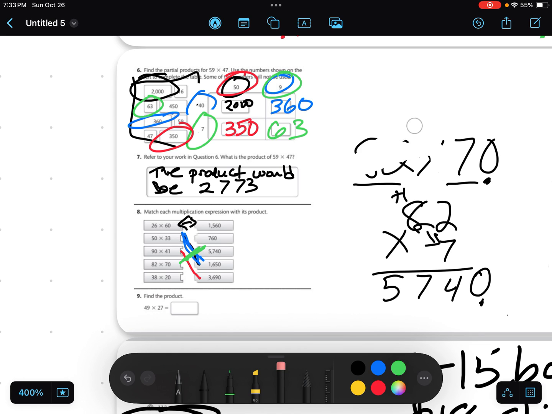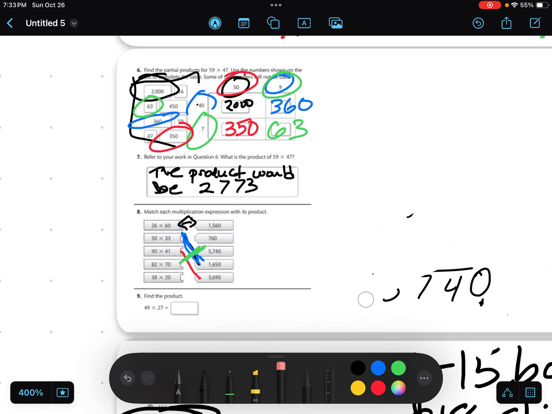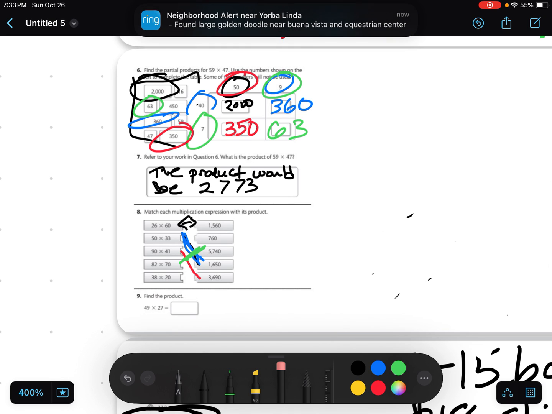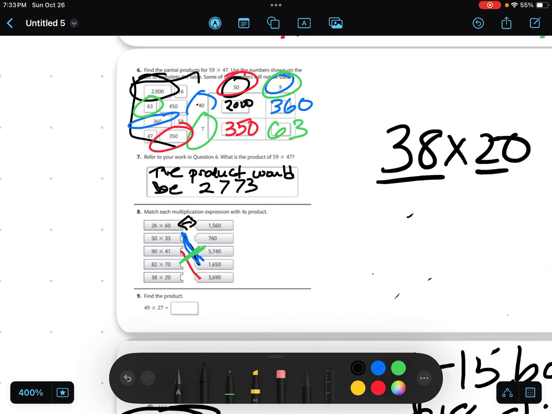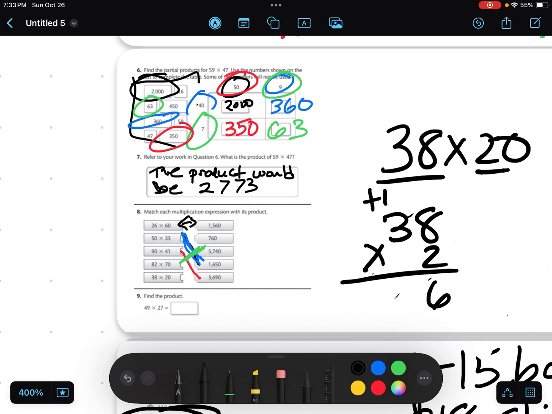And then if we look, we have 38 times 20, base numbers. 38 times 2, 16. 3 times 2 equals 6, plus 1, 7, adding the 0 at the end, 760 connects to this one.